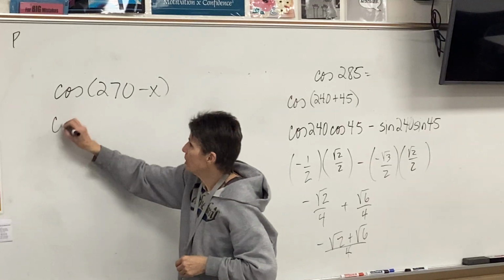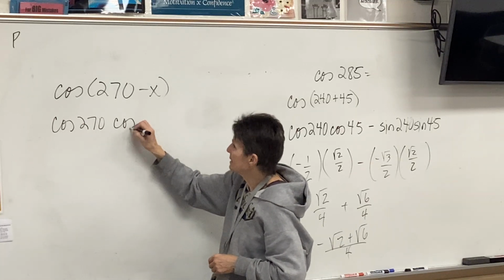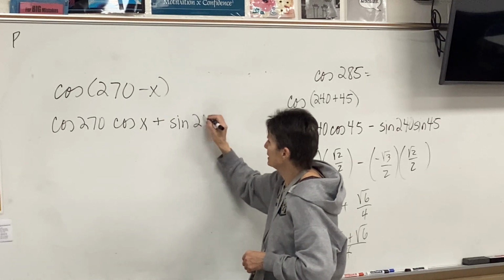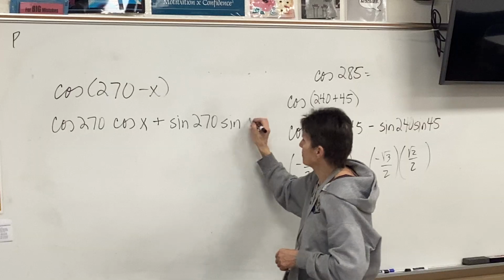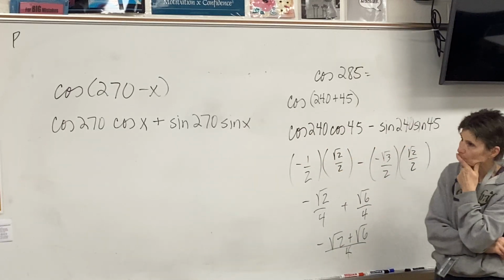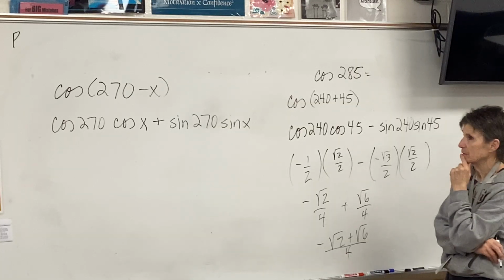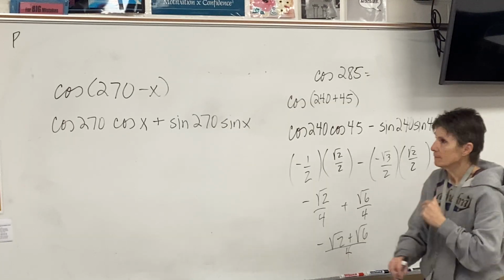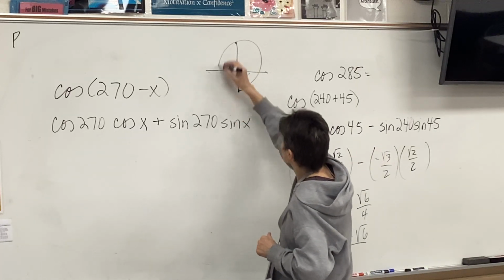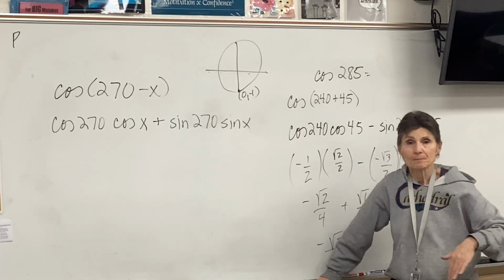So that's going to be cosine 270 cosine x plus sine 270 sine x. Cosine cosine plus sine sine. Okay, now let's look at 270. Here's 270. Straight down.